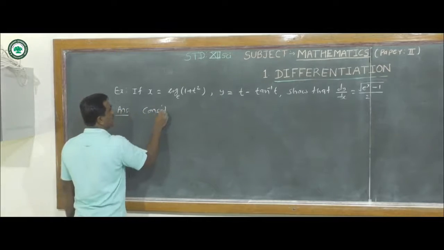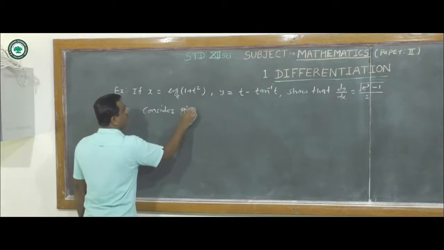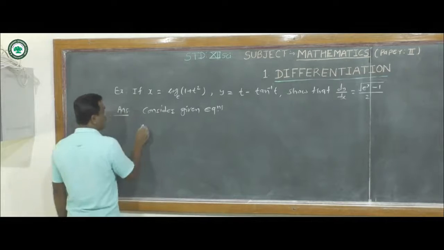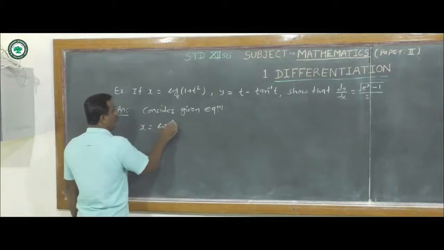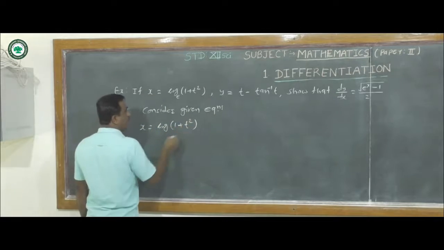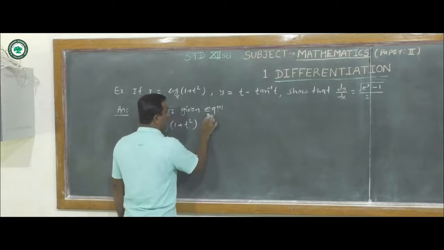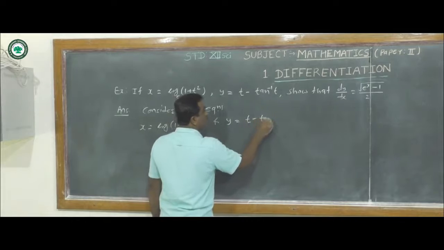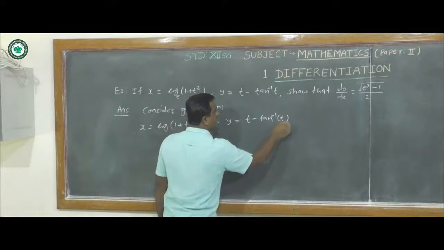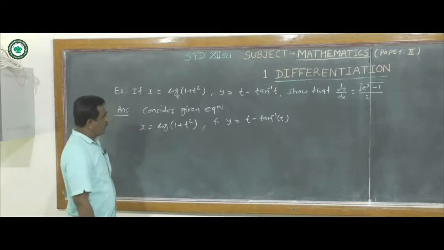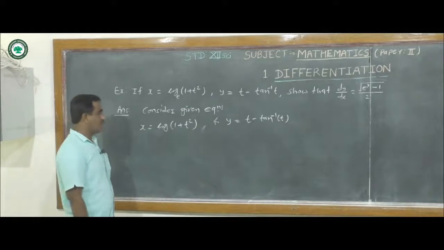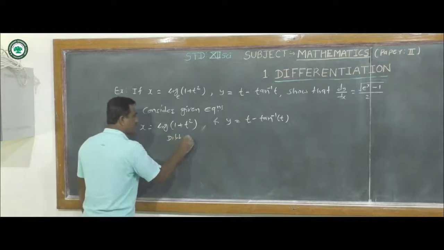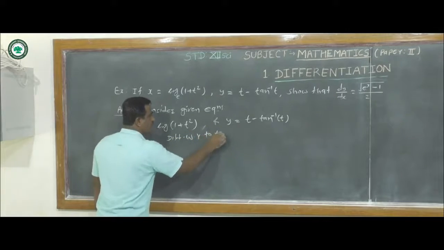Consider the given equations again. That is x equal to log of 1 plus t square and y equal to t minus tan inverse of t. Okay. Now differentiate both equations with respect to t.